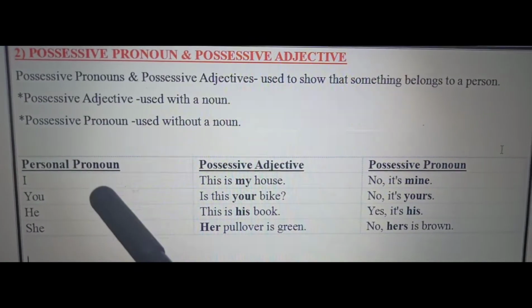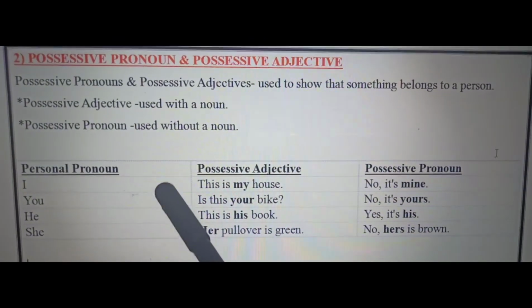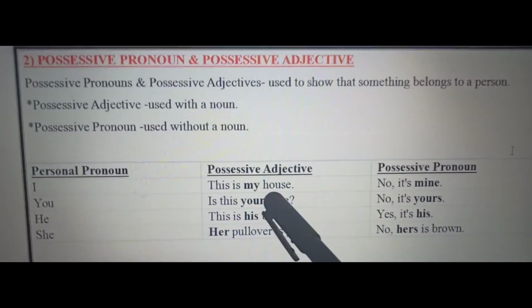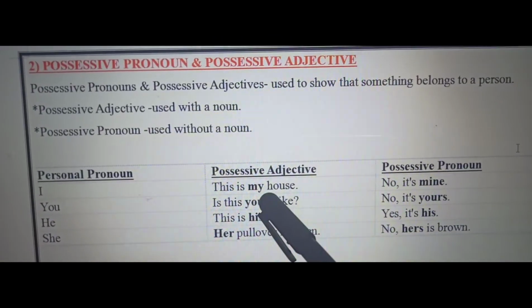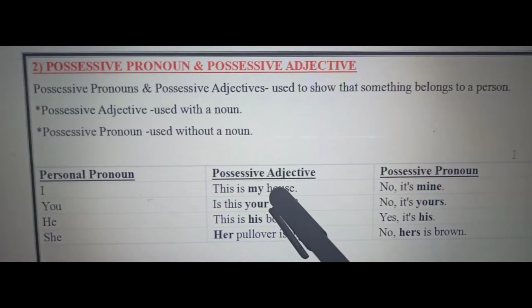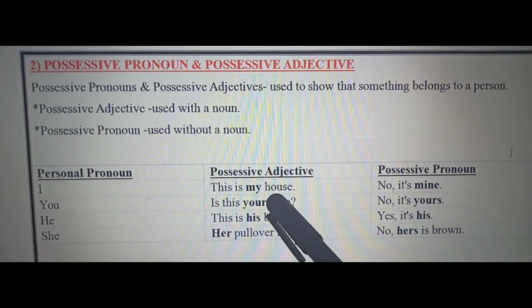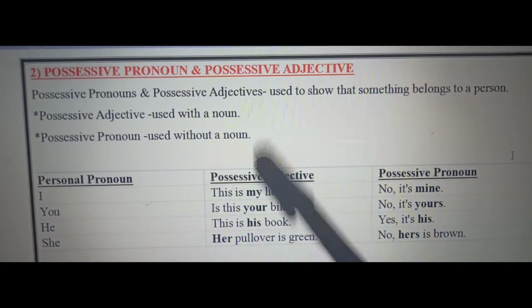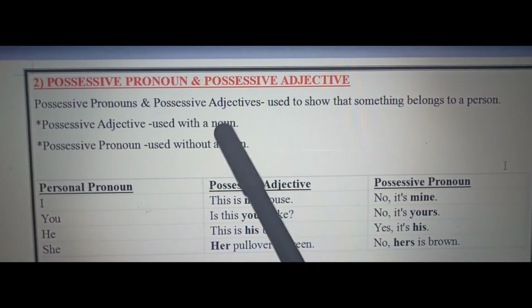These are the personal pronouns given over here. I is a personal pronoun. Now what is the possessive adjective used for the personal pronoun I? It is my. So we are saying, this is my house. Here you can see that we have used the possessive adjective my with the noun house. As I told you, possessive adjectives are used with a noun in a sentence.